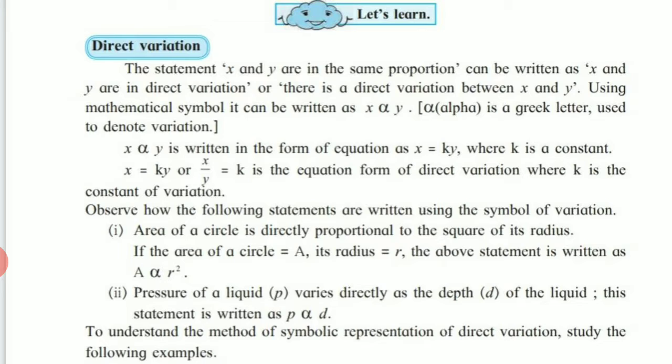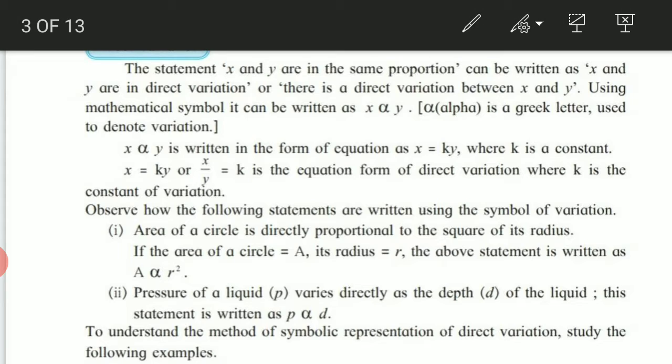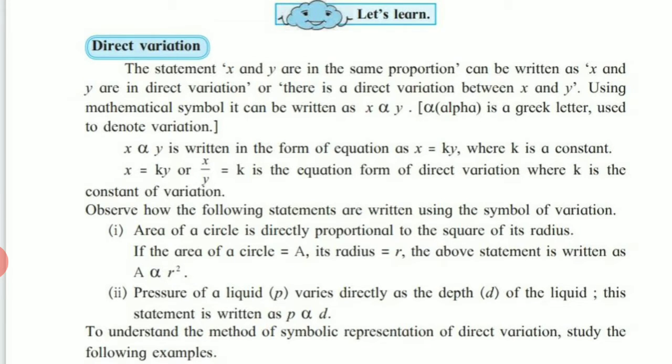Observe the following statements written using the symbol of variation. Area of a circle is directly proportional to the square of its radius. If the area of the circle is A and its radius is r, the above statement is written as A alpha r square.